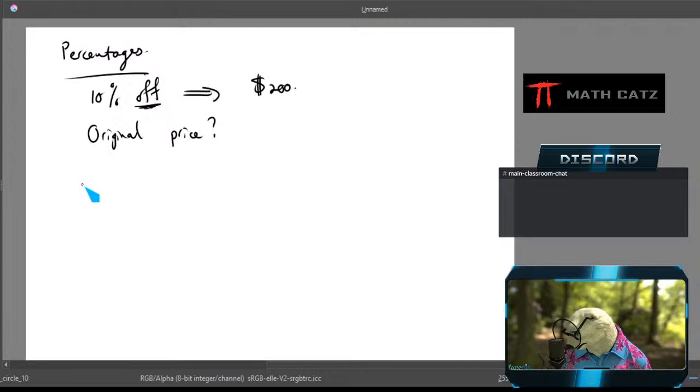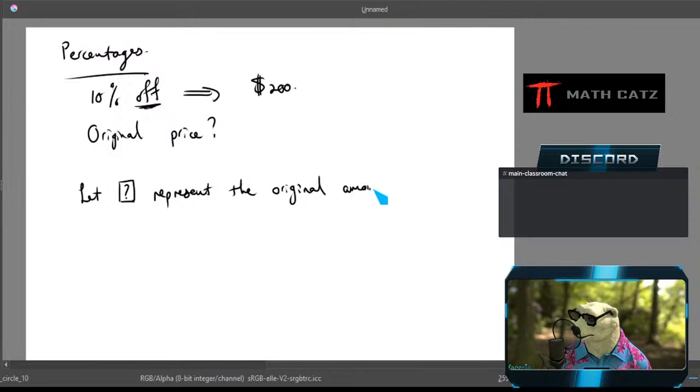So let's give this some structure, and let's say question mark in a box is going to be my symbol to represent the original amount. I know it's a number, I just don't know what that number is. So I'm going to use question mark in a box as the sticker hiding the number, and I just can't peel it back, but it's there.